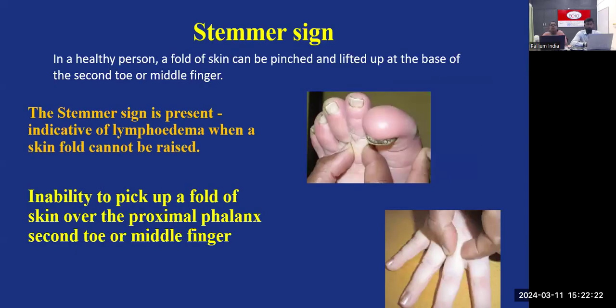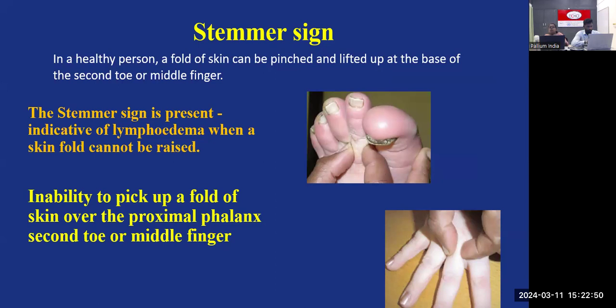And then Stemmer sign. This is one sign which we see in lymphedema patients, called Stemmer sign. In a healthy person, you can check in the lower limbs or upper limbs. In a healthy person, we are able to lift up the skin at the base of the second toe or middle finger. For a lymphedema patient, you cannot.